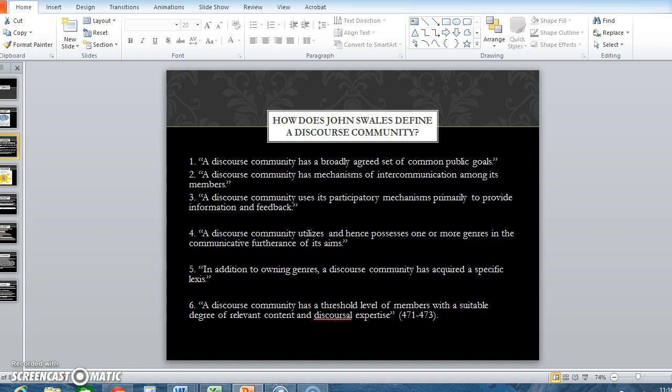And you have that level of expertise by understanding the goals, by being able to participate with other members, by being able to write and read and understand the genres that are used in that discourse community, the lexis that is used. And in fact, other discourse communities might even have other types of requirements that indicate whether or not you are a complete member.